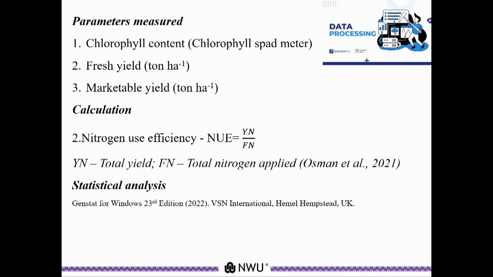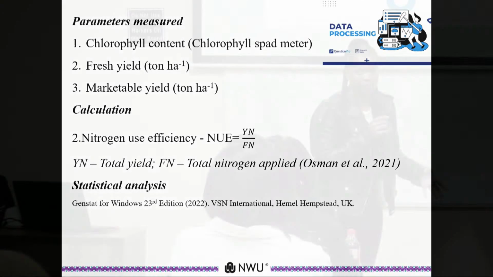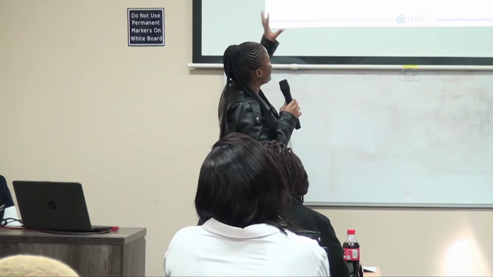These are the parameters that were measured for this particular objective, because we collected a lot of data, but for this one, these are the ones we collected. We collected the chlorophyll content, for which we used the chlorophyll spot meter. We collected the fresh tuber yield at harvest in tons per hectare, and the marketable yield in tons per hectare.